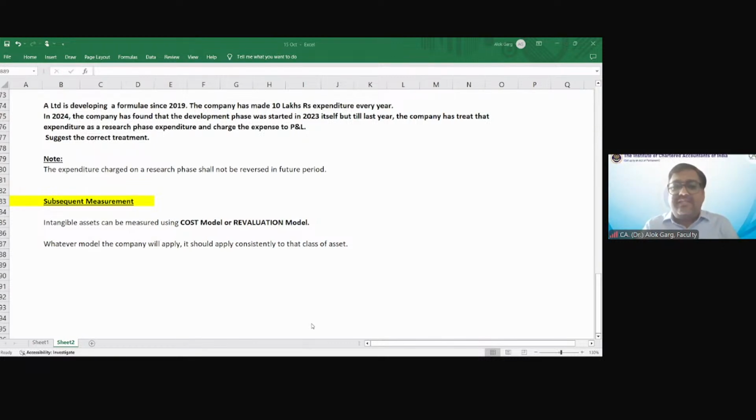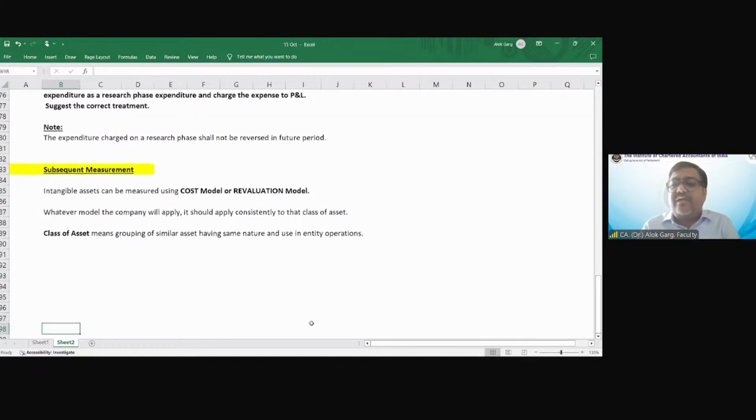So class of asset means grouping of assets having a similar nature and use in an entity's operation. The classic example is, if you have audited any large company, you will find a lot of software: Tally software, SAP, ERP, some other software, which is helping in maintaining the books of accounts and the MIS.